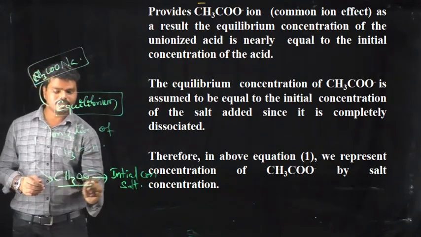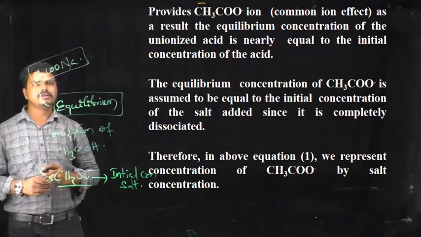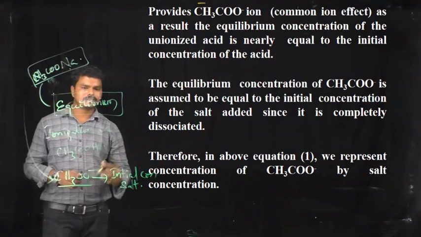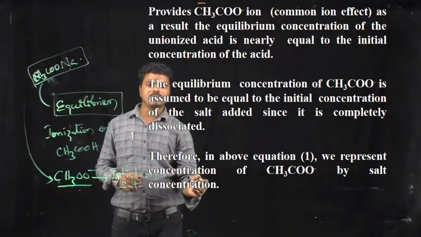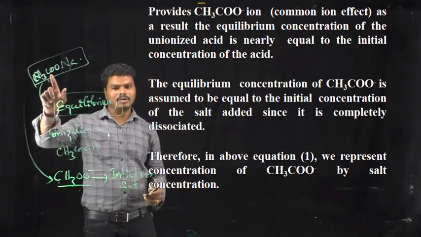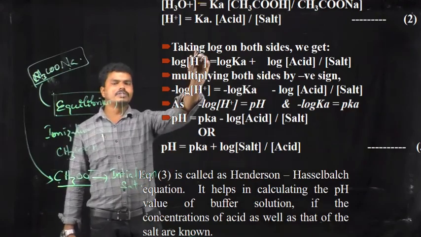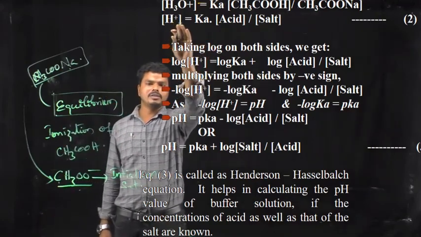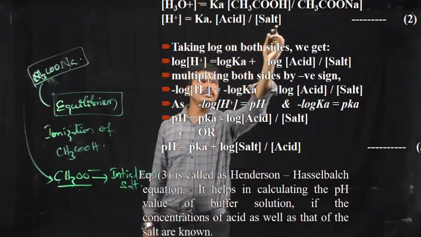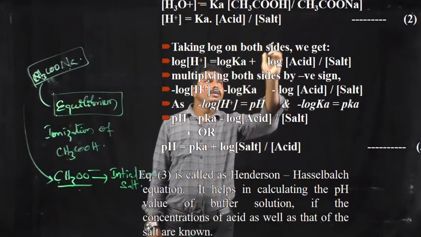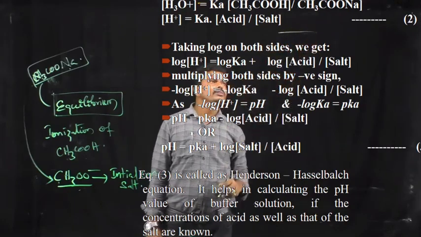For that reason, in equation 1, we replace the concentration of acetate ions with the concentration of the salt. When you rewrite it, hydronium ion equals Ka multiplied by the concentration of acetic acid divided by the concentration of acetate ion, but instead of acetate ion, we replace it with the sodium acetate salt.